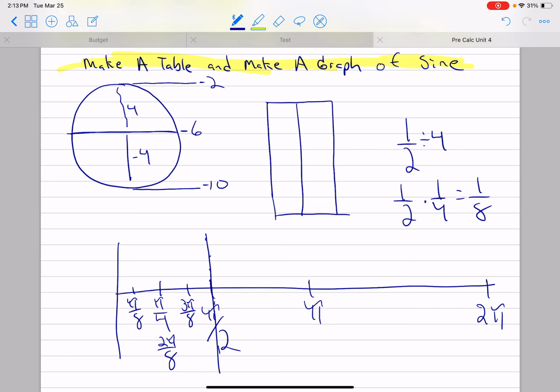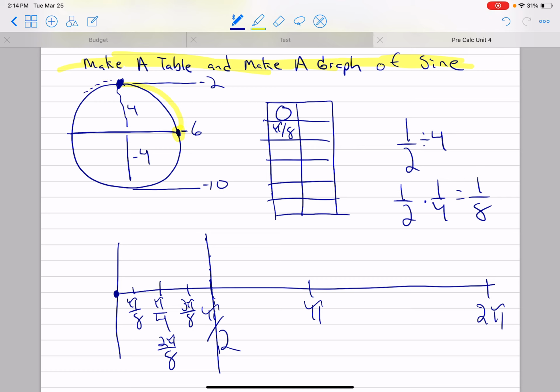All right, so now I have my inputs. Now I'm going to do my table. I got my starting point up here, which is always going to be 0. As I rotate around, I have my first stop up here, which is going to now be pi over 8.